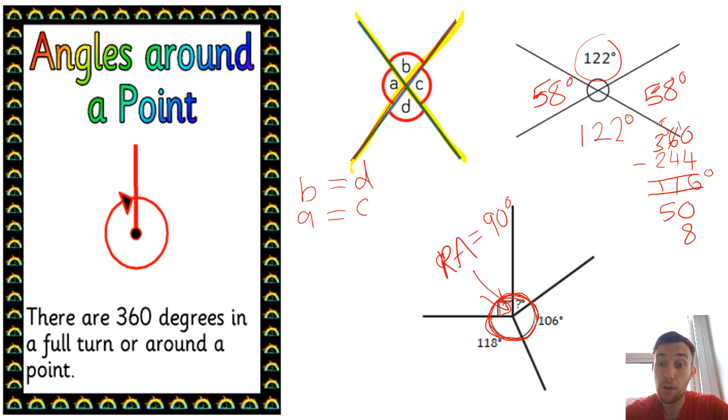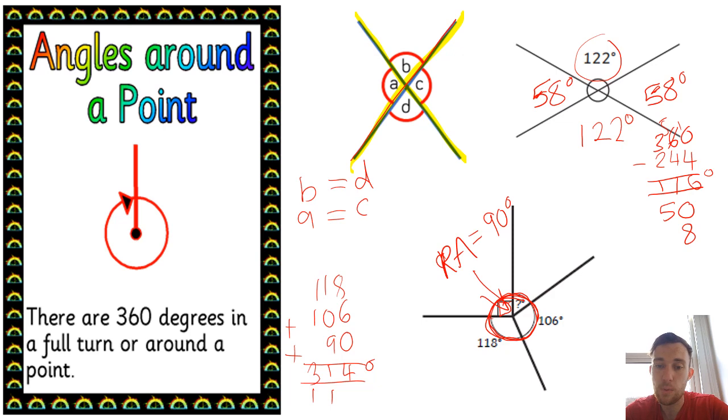So again, a bit of column addition, 118 plus 106 plus 90. So 8 add 6, that would be 14. 9 and 1 is 10, plus the 1 is 11. And 1 is 3. So far, all the angles we know about add up to 314 degrees.